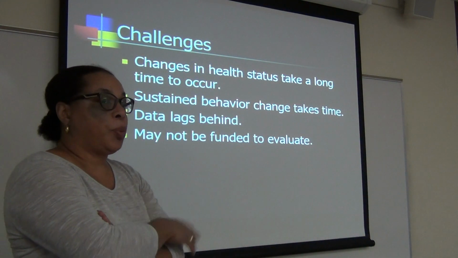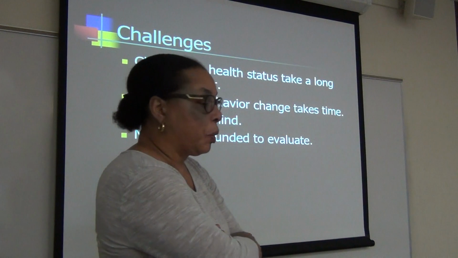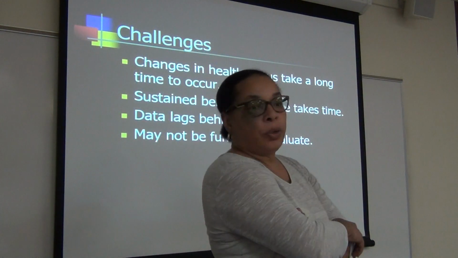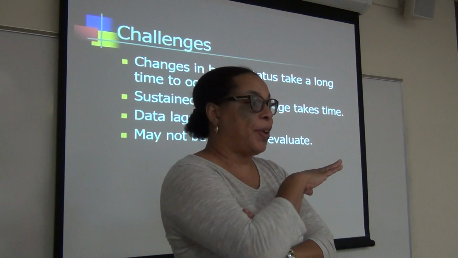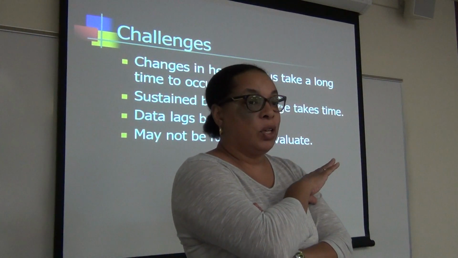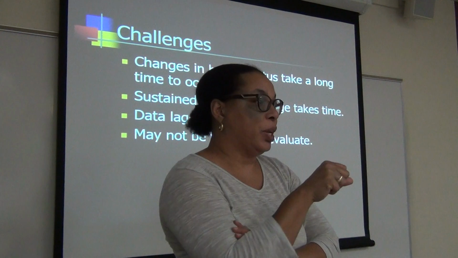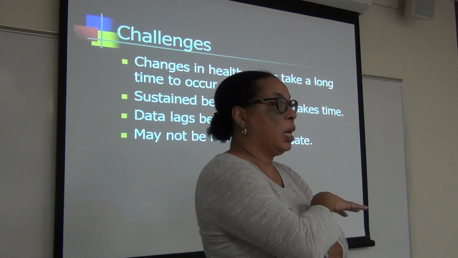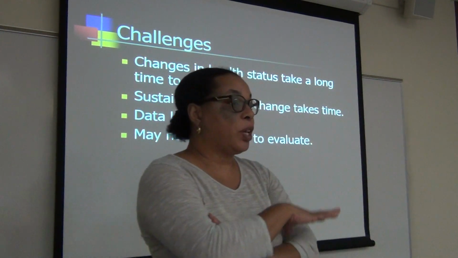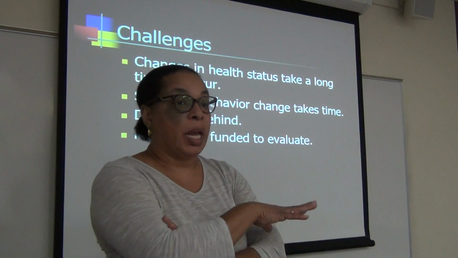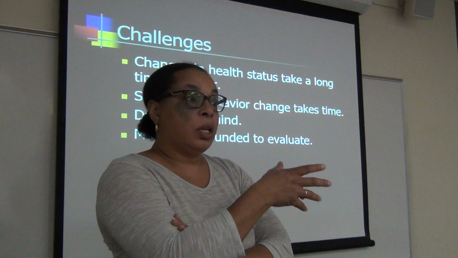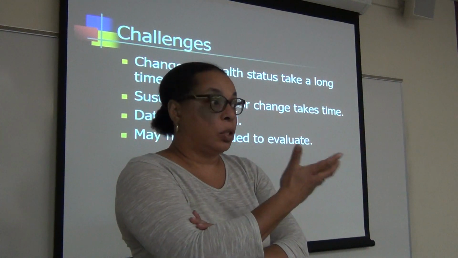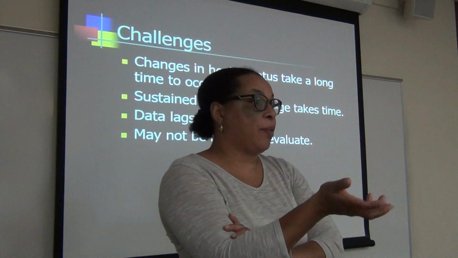For example, when we had our teen pregnancy prevention grant, we weren't funded to look at that. We were only funded for process level evaluation, and that's all we had to report. As far as the feds were concerned, as long as we implemented that intervention as it was supposed to be implemented, then we had good data and we knew that we would have an impact.